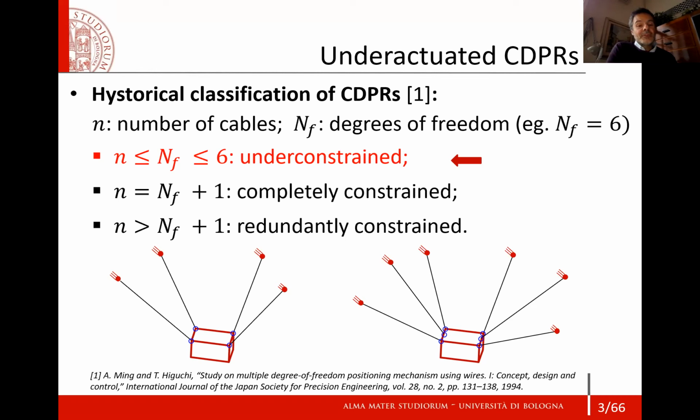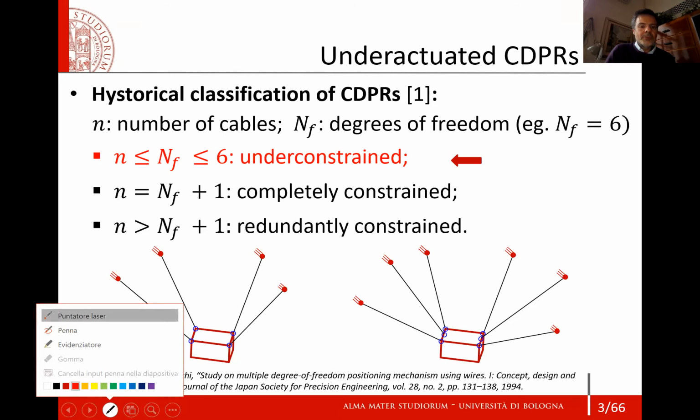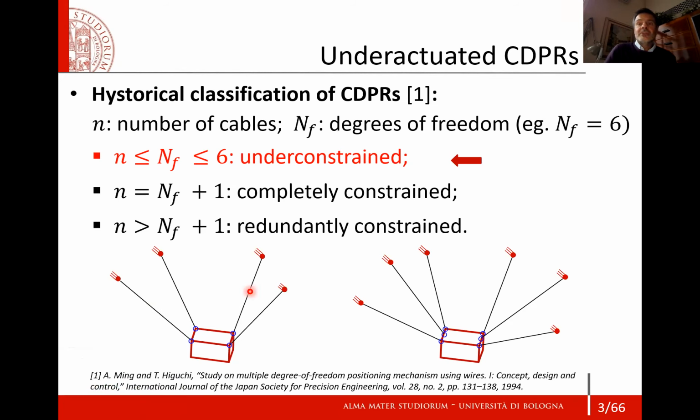Basically, according to this definition, the two systems that you see in this slide are considered under-constrained because in the first case, we have 4 cables, which is smaller than the degrees of freedom of the payload, and in the second figure, we have 6, which is exactly equal to 6.